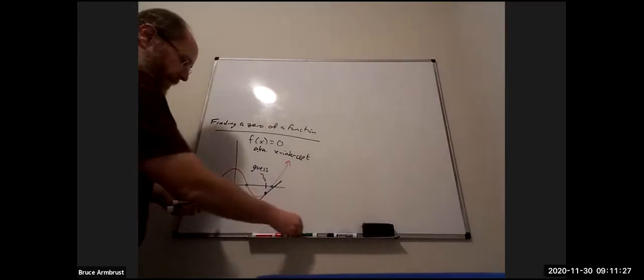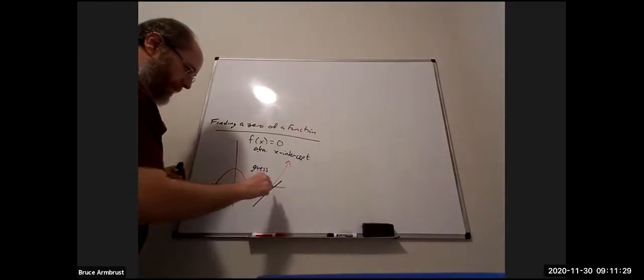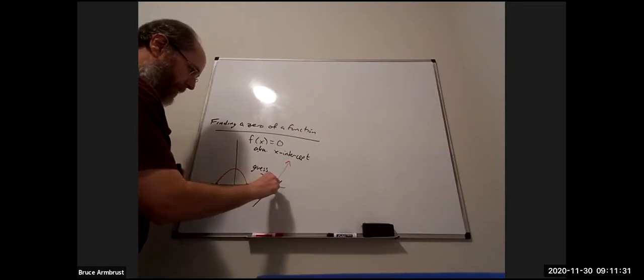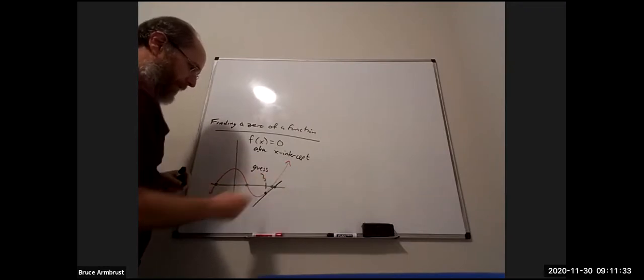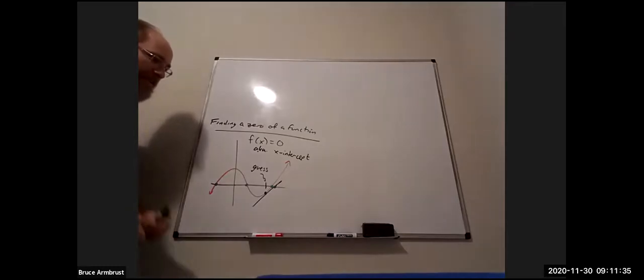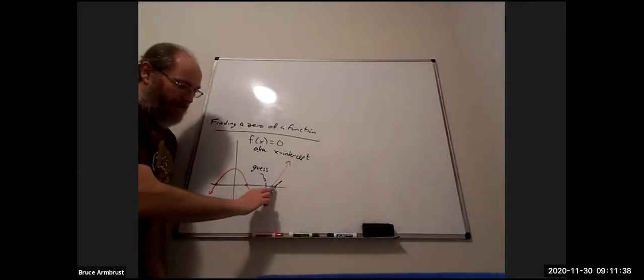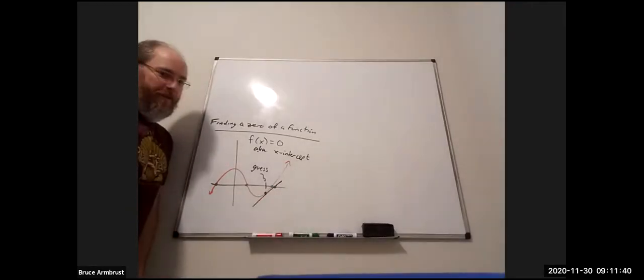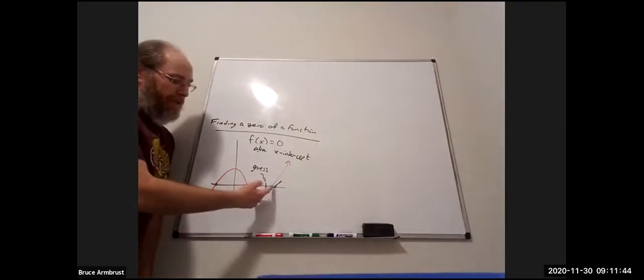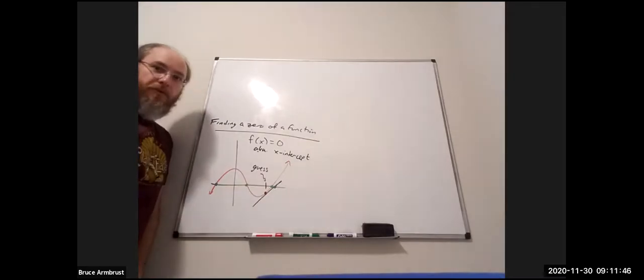So its intercept, I'll try to use a different colored dot. Maybe you can see a slightly different color, not really. All right, well, its intercept is over here. So you'll notice that those 2 points aren't the same, but the one on the line is actually pretty close to the actual 0.